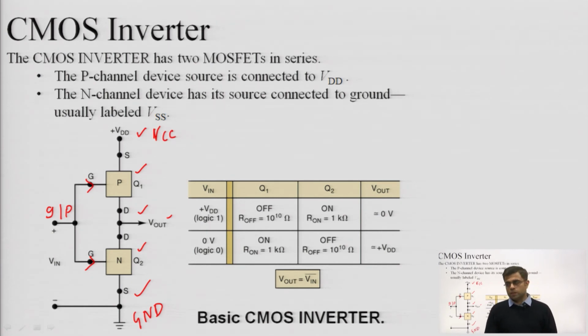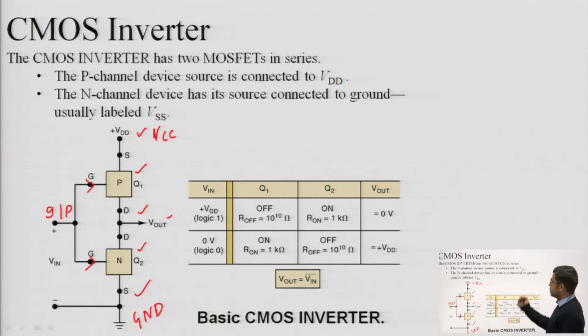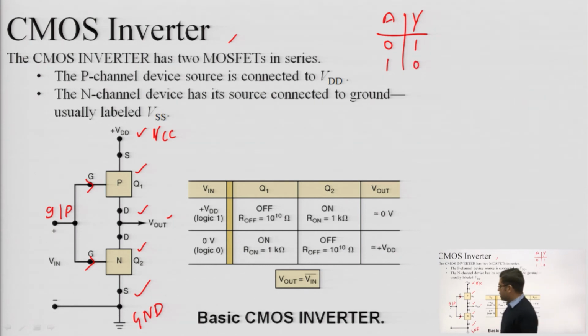So let's now check how this gate is working. This is a CMOS based inverter. That means if I apply A equal to 0, then output must be 1, and if I apply A equal to 1, then output must be 0. So let's say I apply 1 here. Then both gates will be 1.